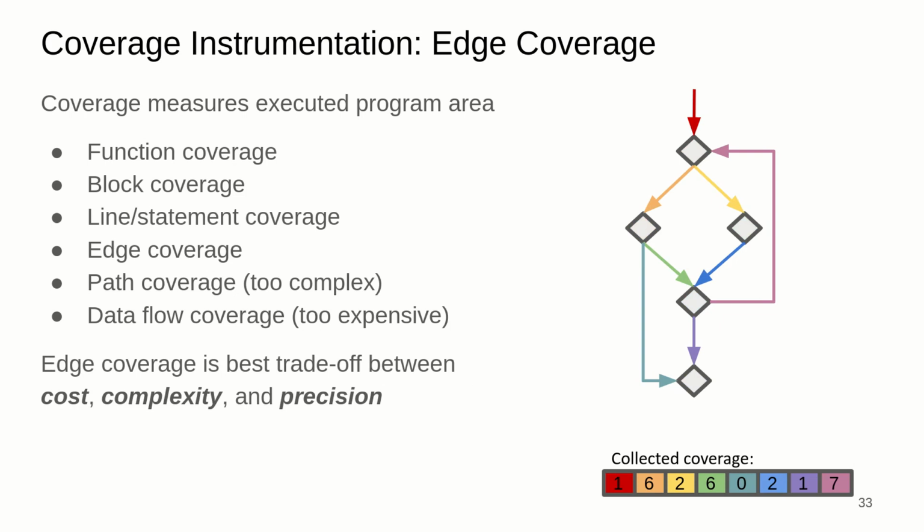Therefore, we use edge coverage. Edge coverage increases precision and is the ideal trade-off between cost, complexity, and precision. Because now we have a counter for each edge between the basic blocks. So with the collected coverage below, we see that the red arrow was executed once.